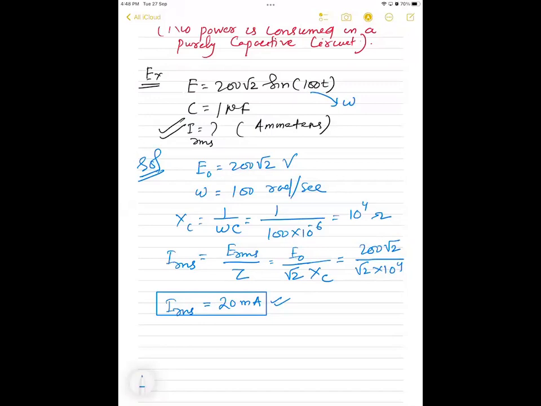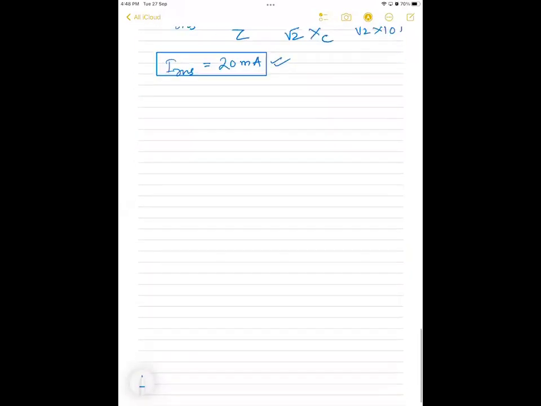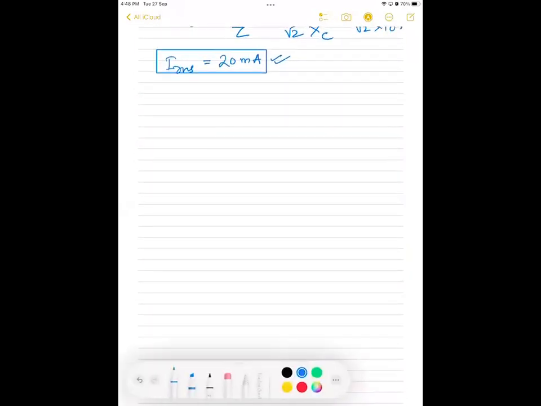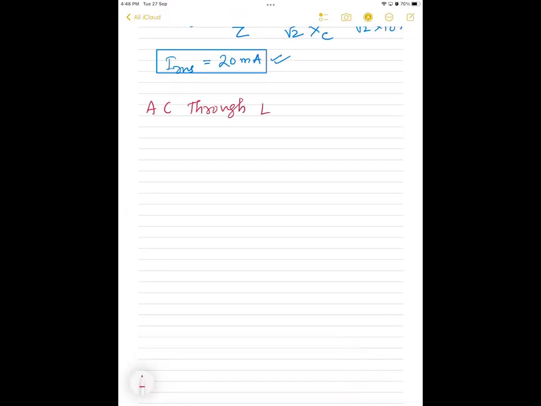Let's see now AC through LR series circuit, correct?